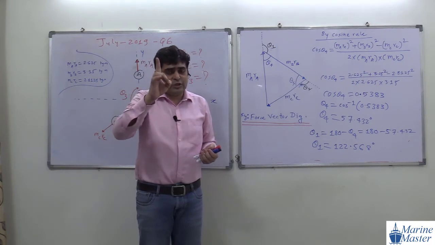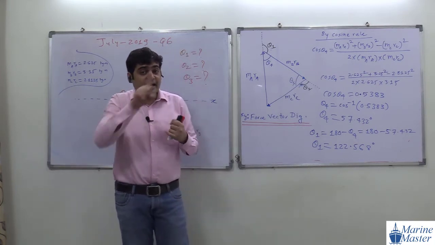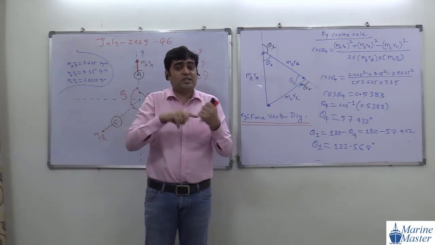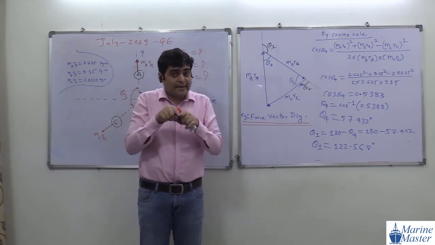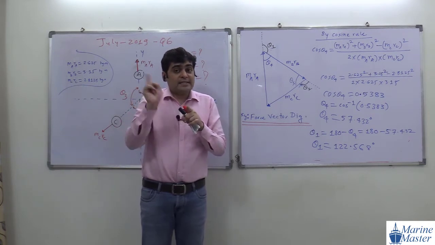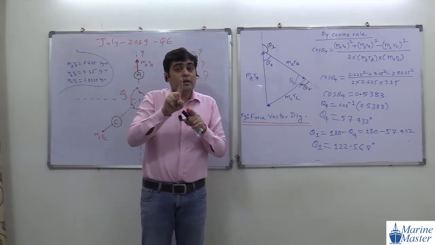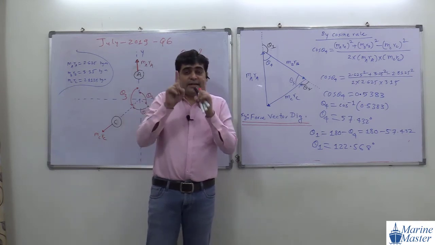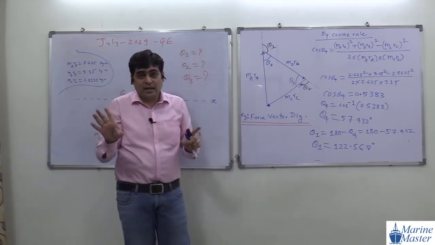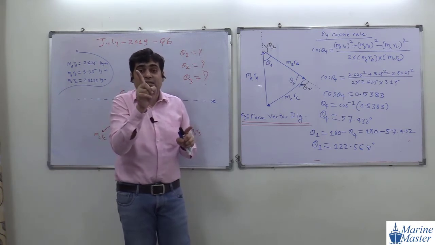These are the basic things you should know. Remember one point: trigonometric functions are used whenever we have a right angle triangle. Sine rule and cosine rule are used when the triangle is not a right angle triangle. Then and only then can we use sine and cosine rule.